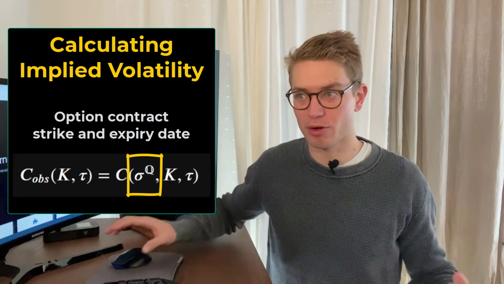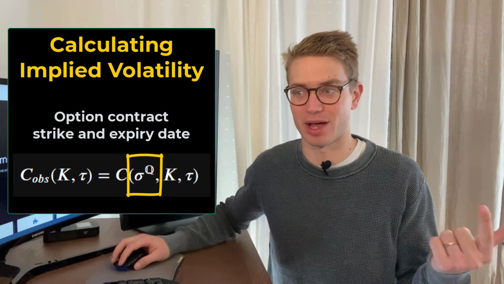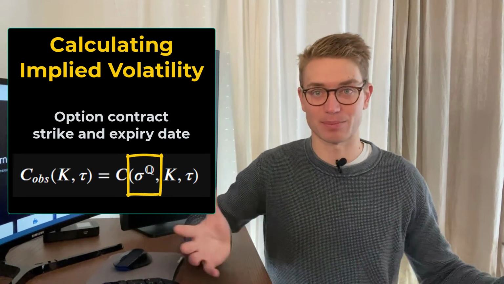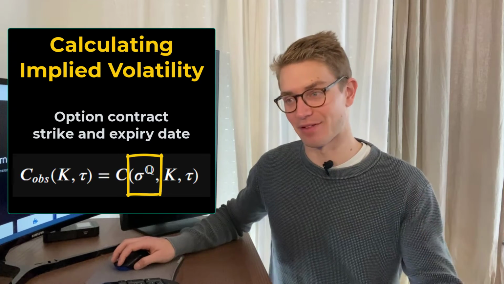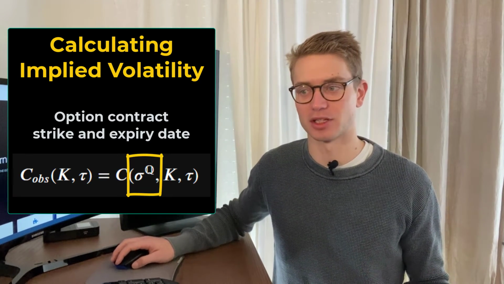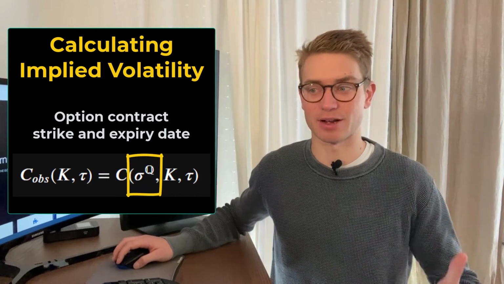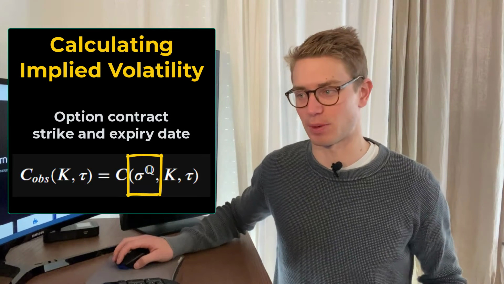So all other parameters being equal, you have the strike, you have today's stock price, you have the interest rate, which hopefully people agree on, and then you have the tau. So everything else being equal, if I just change the volatility, what volatility does that need to be to match the market price at a particular strike at a particular time to expiry?